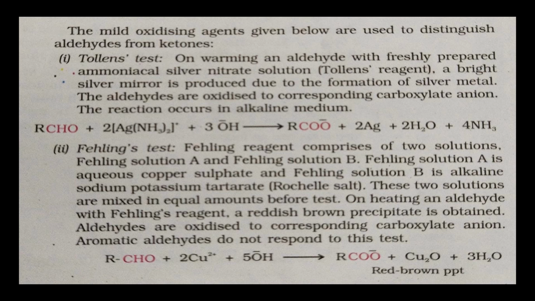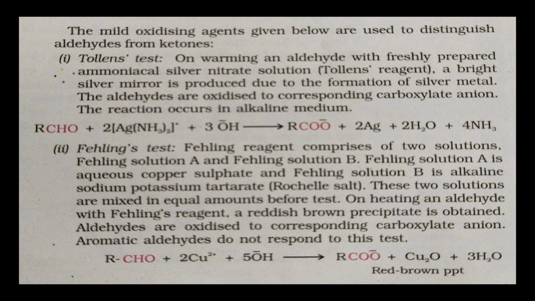Second one, Fehling's test. Fehling's reagent comprises two solutions, Fehling's solution A and Fehling's solution B. Fehling's solution A is aqueous copper sulfate and Fehling's solution B is alkaline sodium potassium tartrate, which is Rochelle salt. These two solutions are mixed in equal amounts before the test. On heating an aldehyde with Fehling's reagent, a reddish-brown precipitate is obtained.